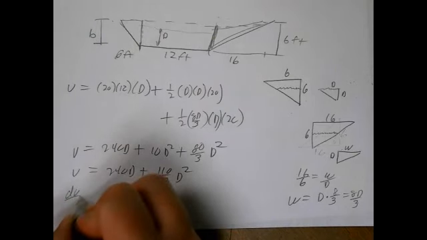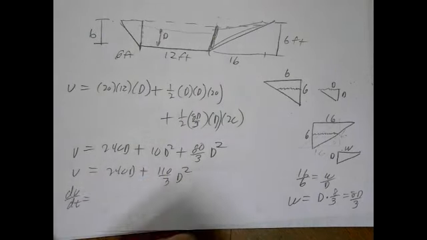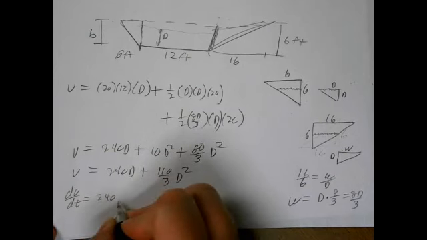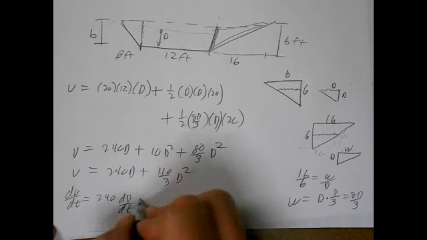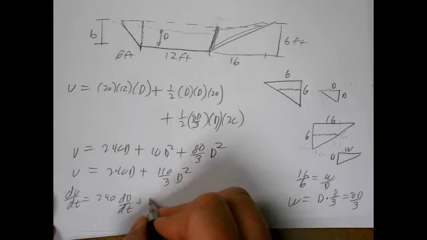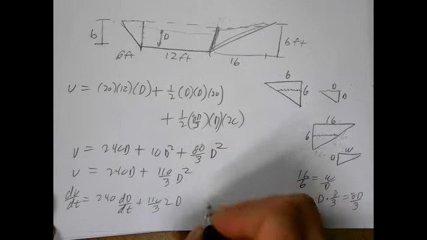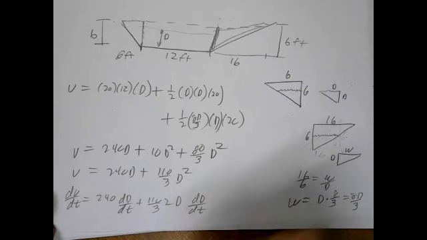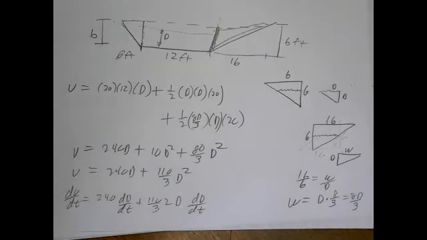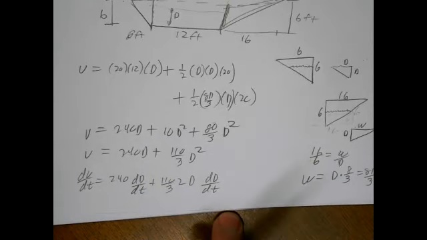Therefore, dV/dt would be equal to 240 times the rate of change of depth with time, plus 110 over 3, the 2 comes down, D goes to the first power, and the dD/dt comes in again. All right, and this dD/dt is what we're looking for. So what you would do at this point, I'm about to run out of paper, so I might leave it for you to finish.